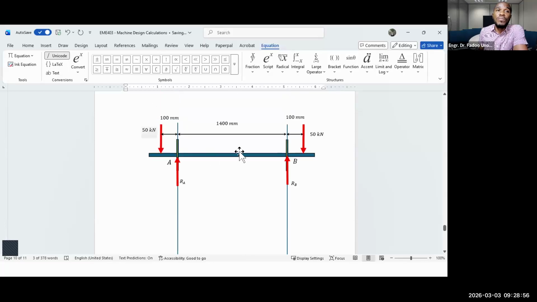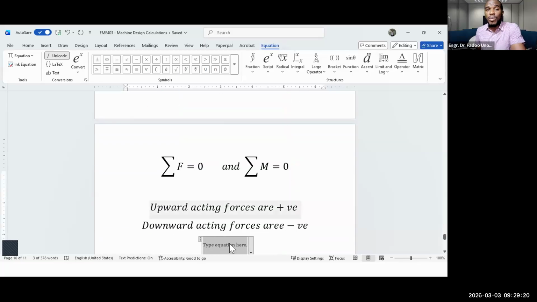So we sum this, sum this, sum this, and sum this, because 50 kilonewton, the leftmost one, and the rightmost 50 kilonewton are acting downwards. We give them negative signs based on our notation. And because the reaction forces at point A and the reaction forces at point B are acting upwards, we give them positive signs.